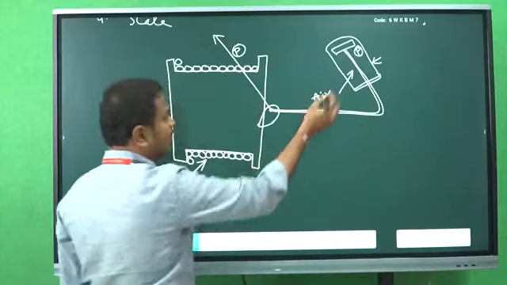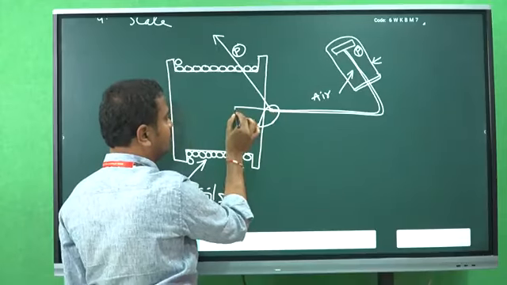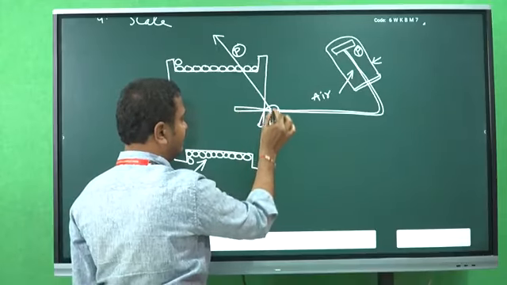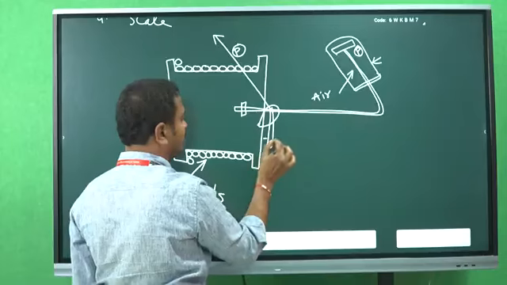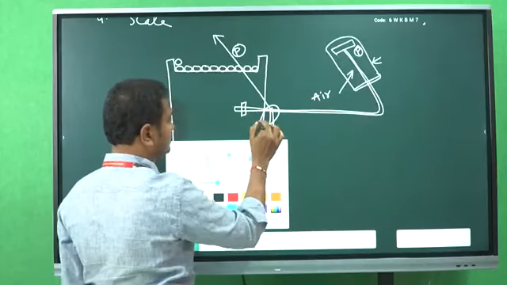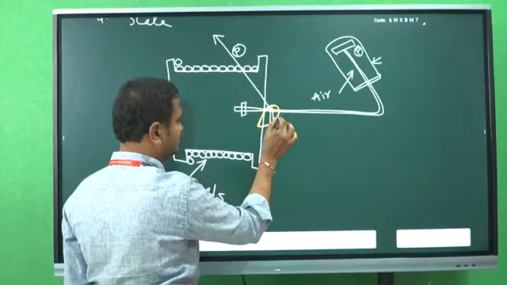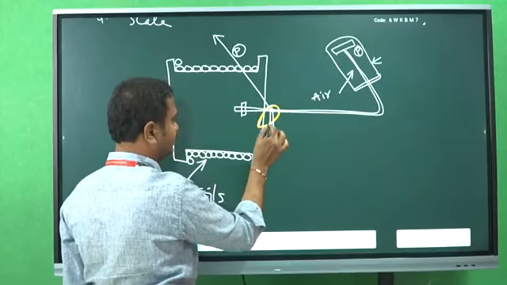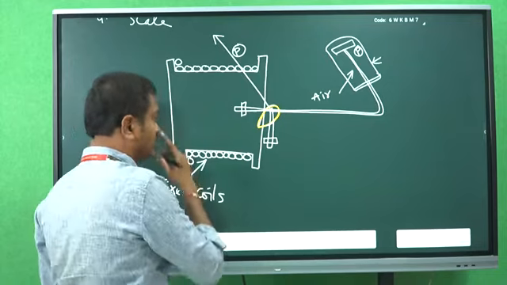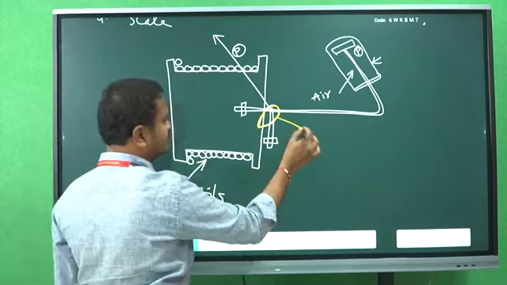This piston is connected to the pointer, and these are the balance weight and control weight. Clear? And here is the moving iron plate.